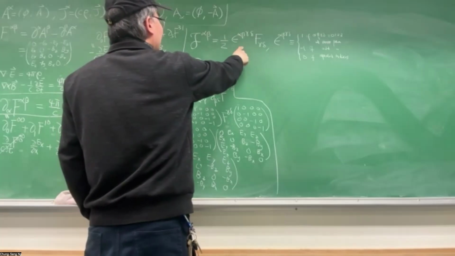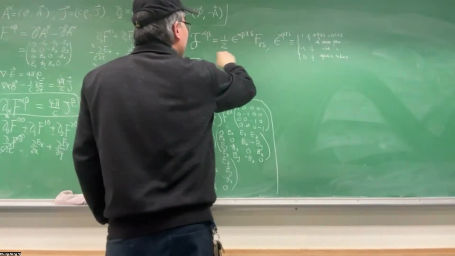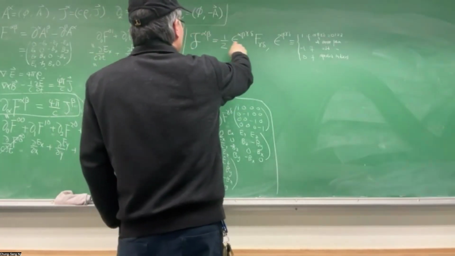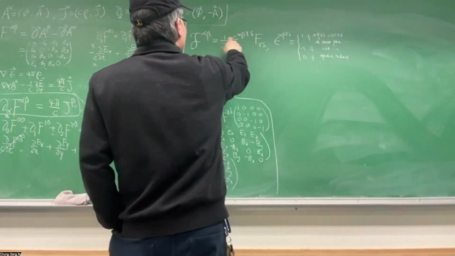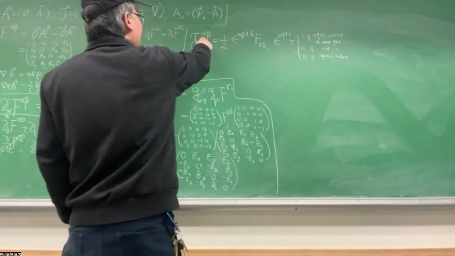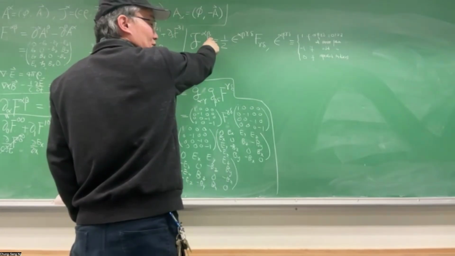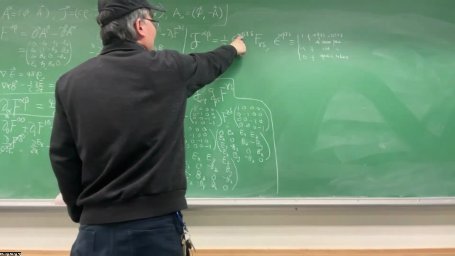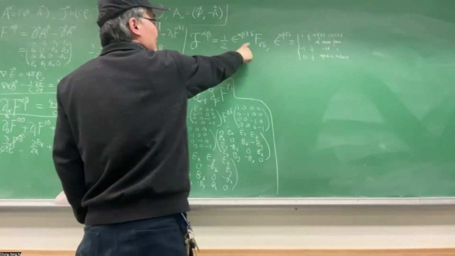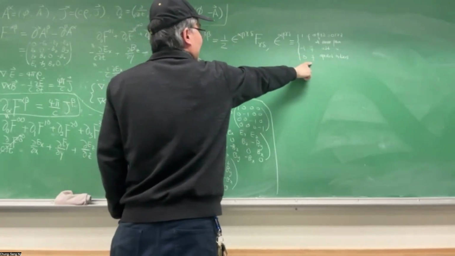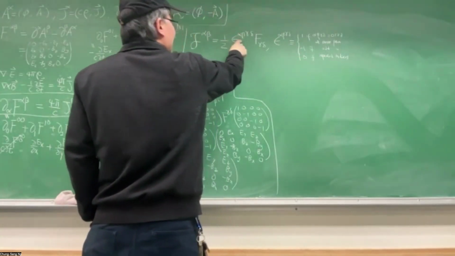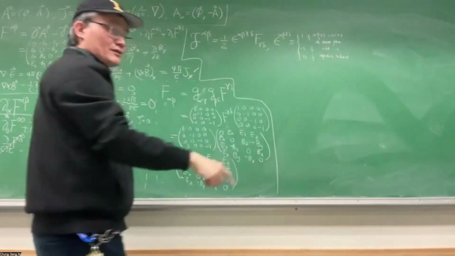This is also anti-symmetric because epsilon is anti-symmetric. If alpha beta is 0, 0, or 1, 1, or 2, 2, 3, 3, this automatically kills it, because repeated indices give 0, so this epsilon kills all the diagonal elements.